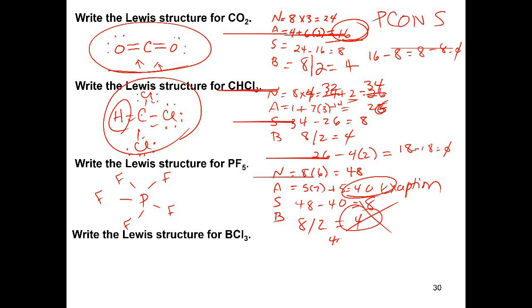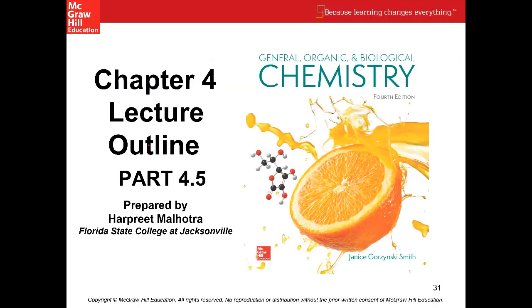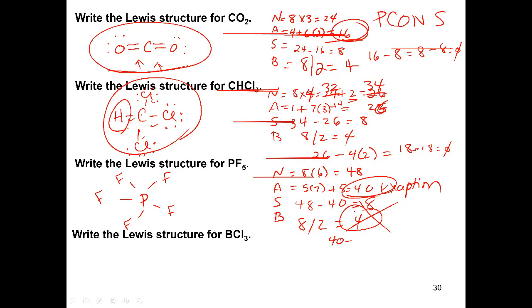So 40, because this is an exception, so it could be really weird. So 40 minus, I've got 5 bonds, so 5 times 2 is 10. That leaves me with 30. And so I've got to finish the octet on all of those F's. So each one's going to get 6, right? Because I've already got a bond there.